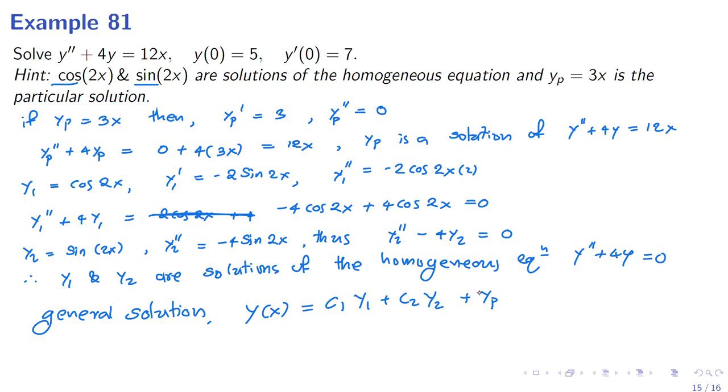We do not put a linear combination with yp. We just add yp. If I rewrite with y1, y2, and yp, it will be c1 times cosine 2x plus c2 times sine 2x plus 3x. So this is the general solution. And using these two initial conditions, we will be able to find the unique solution.